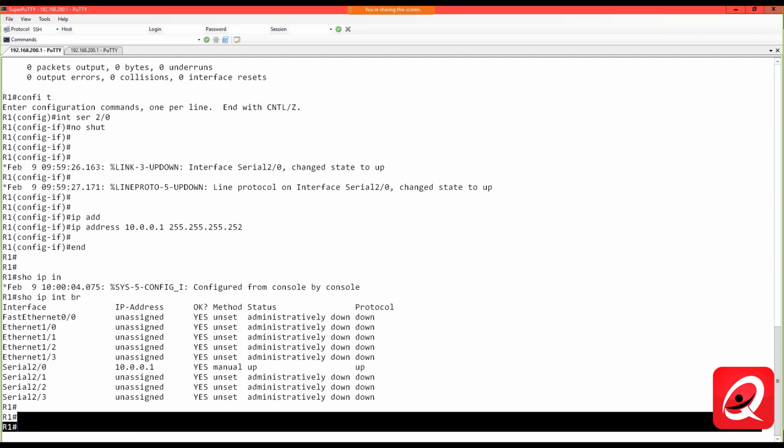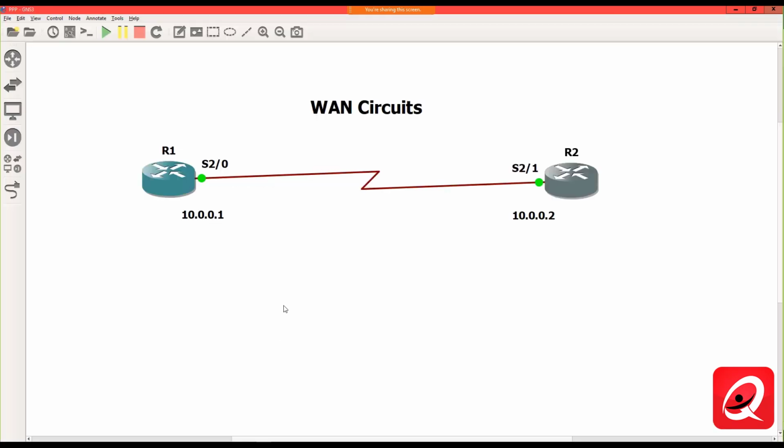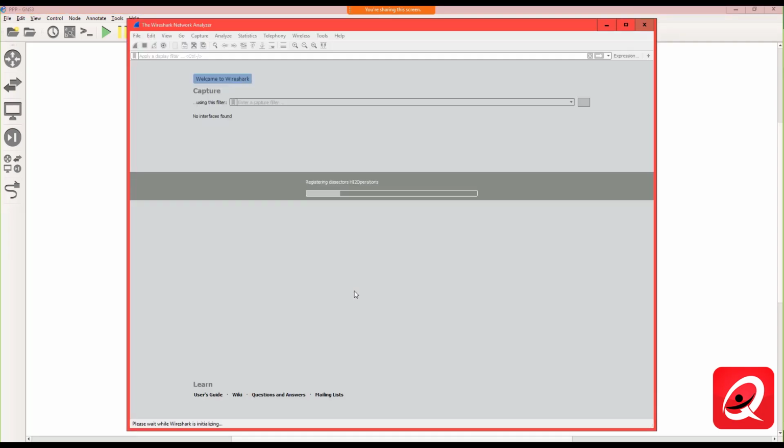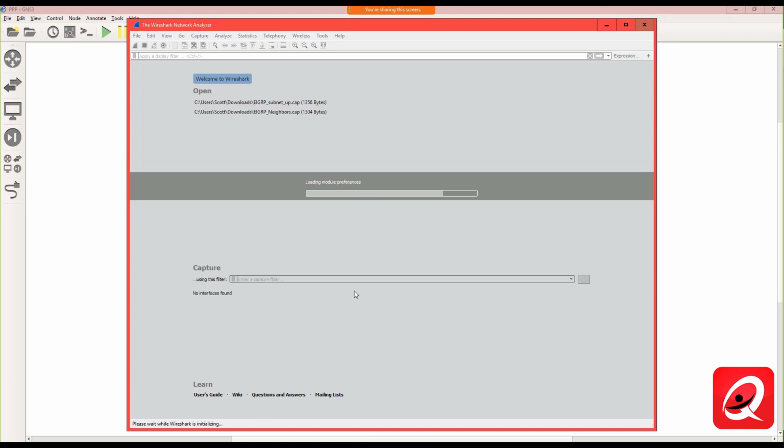We're running HDLC encapsulation. If I come back to my WAN circuit and start a packet capture, you will see HDLC frames moving back and forth between the routers. It is the default encapsulation protocol used by Cisco routers.